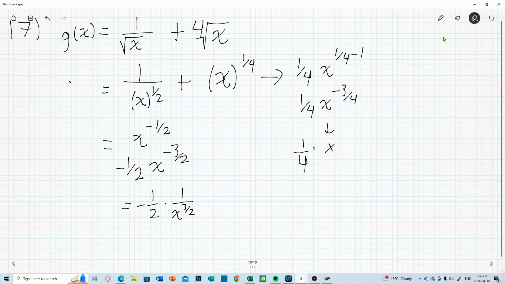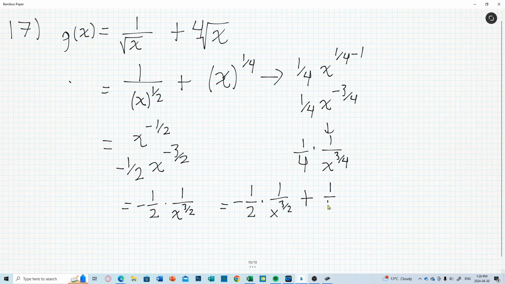It'll be in the denominator because of the negative exponent. It'll be 1 over x to the 3/4. To get you in total, it'll be negative 1/2 times 1 over x to the 3/2. You can put these together if you want to, and you can also leave it in this way. I just want to simplify it and make it look nicer for me, and this will be plus 1/4 multiplied by 1 over x to the 3/4.